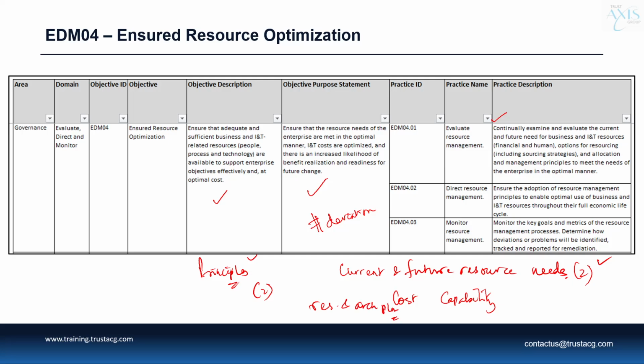Okay. The other thing that you can do is evaluate how the alignment is defined between the finance department, the IT department, and the HR department. You will need to understand how IT resource requirements are connected to the enterprise-wide financial planning and human capital management.